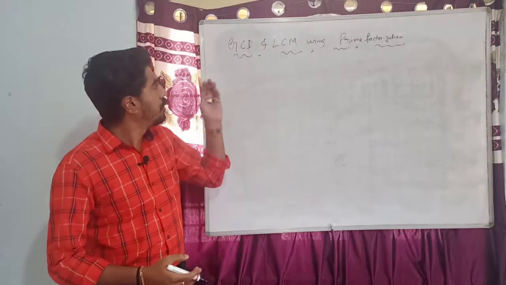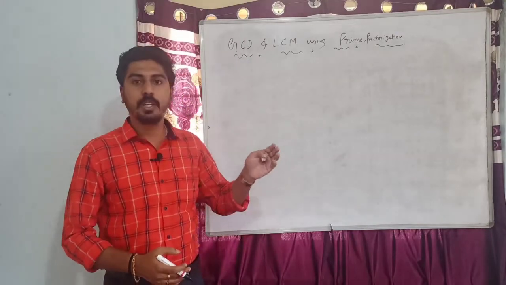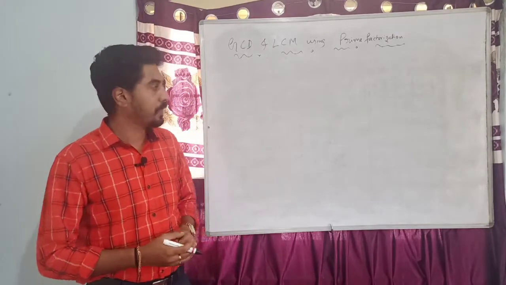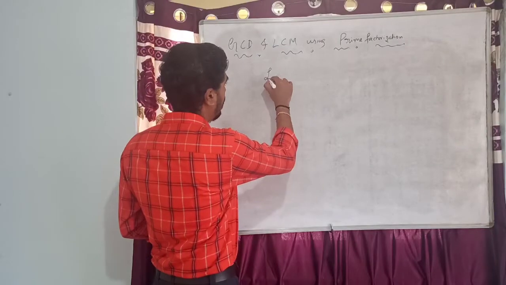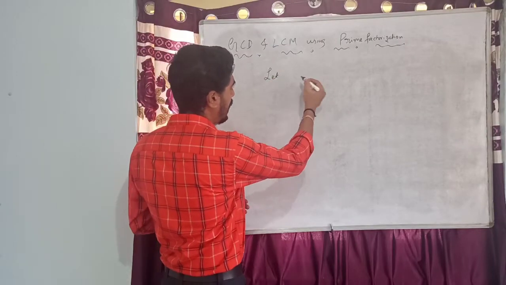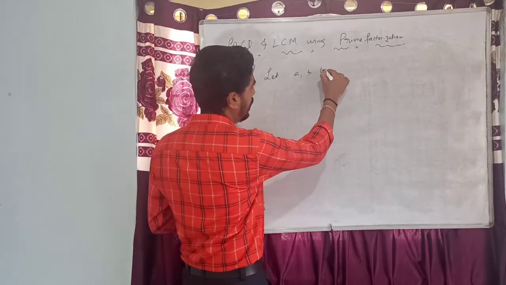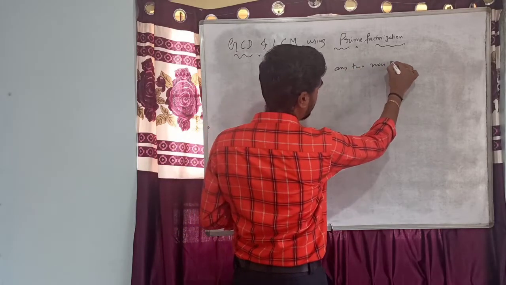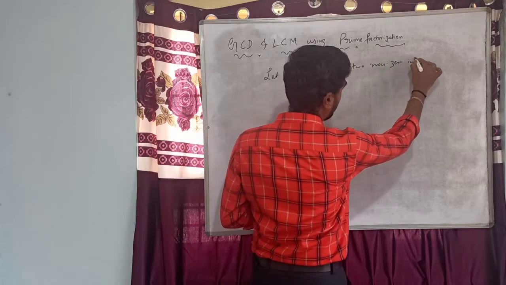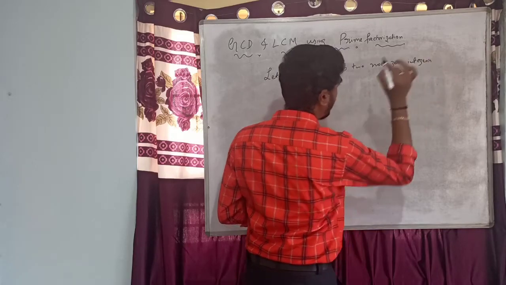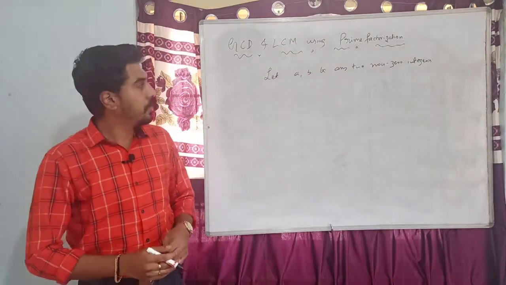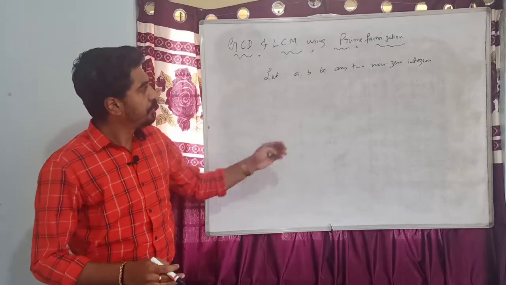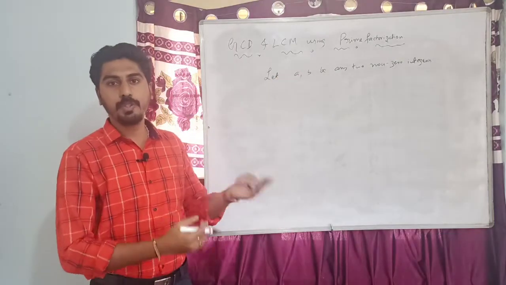First, let us see how to find the GCD and LCM using prime factorization. Let a and b be any two non-zero integers. By the fundamental theorem of arithmetic, I can express a and b as a product of powers of prime numbers.